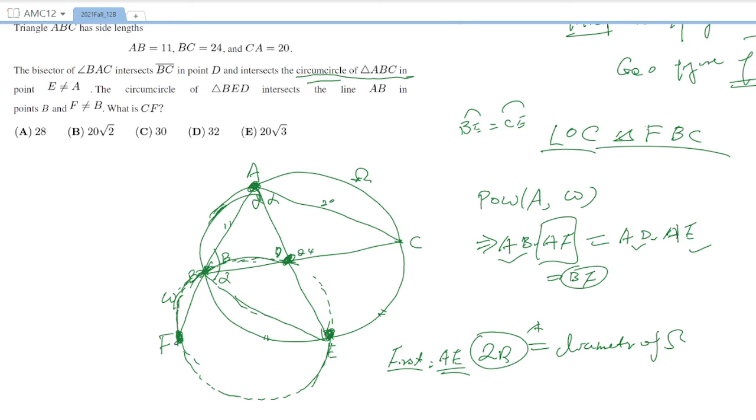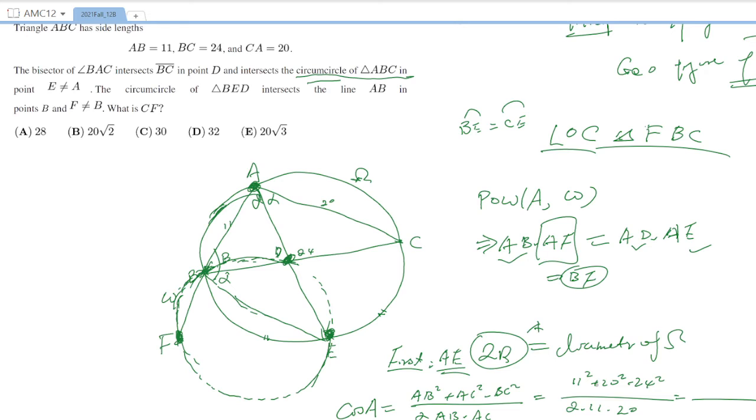So this is simple. In order to solve alpha, let's solve the cosine of A, because A is 2 alpha. It's equal to AB squared plus AC squared minus BC squared, over 2 times AB times AC. Then you plug in the numbers: 11 squared plus 20 squared minus 24 squared, over 2 times 11 times 20, right?